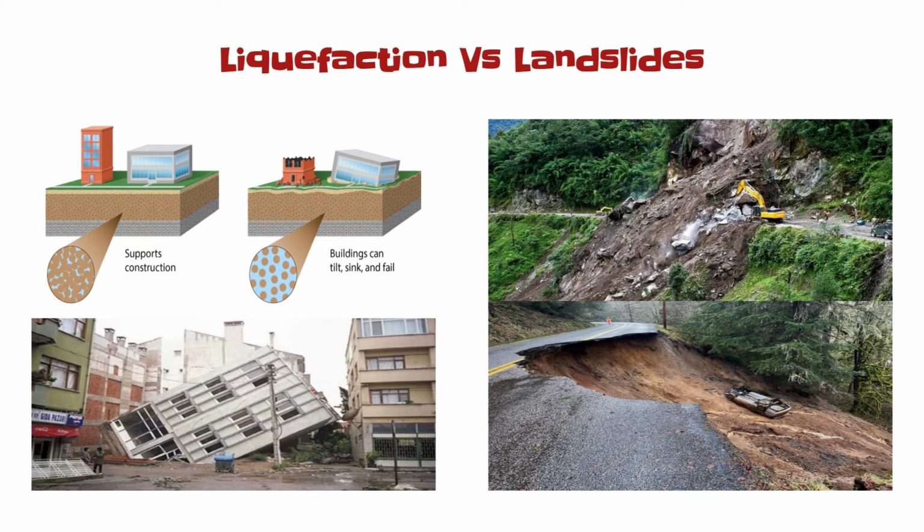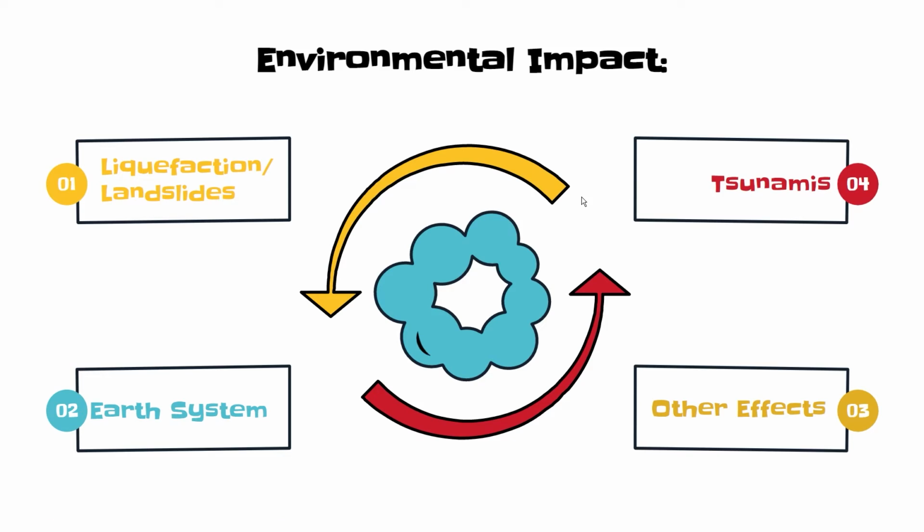So as you can see on the picture on the left side, the construction was normal and everything was fine, but then once liquefaction occurs, the buildings start to sink into the ground, and that just causes them to be destroyed. And then going back to the landslides.